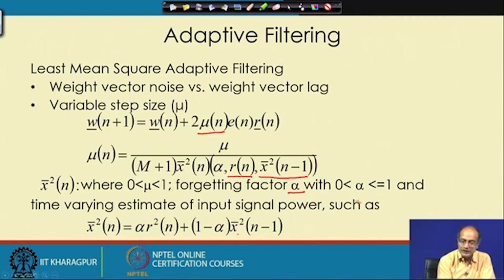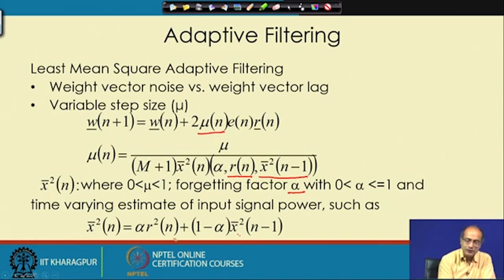Now, if we choose a value in between, which would be the case, it will take some part of the reference input, as well as use part of the previous estimate.